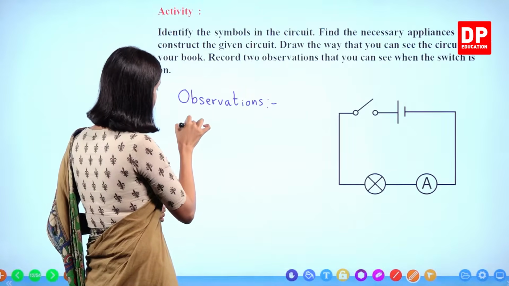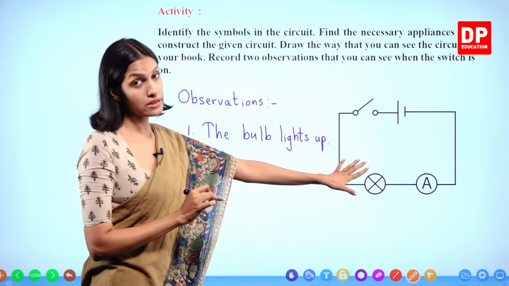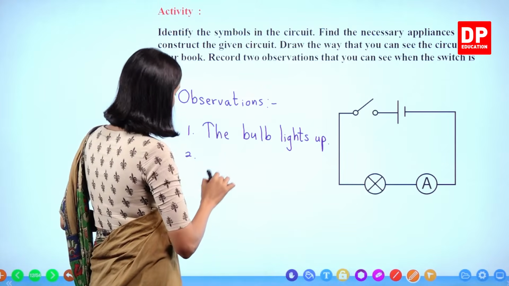Observations, 2 observations. Number 1, the bulb lights up. And number 2, what happens, children? The ammeter indicator deflects.